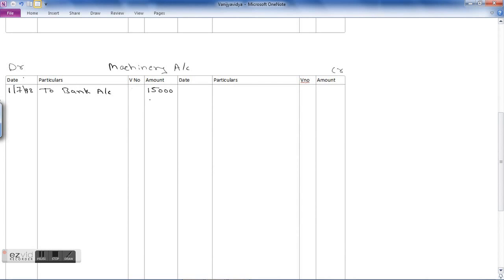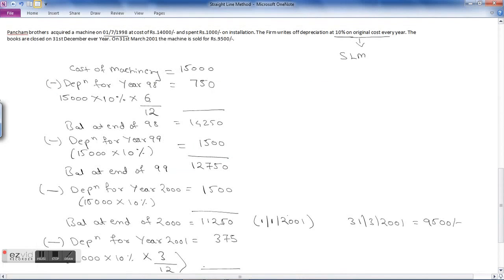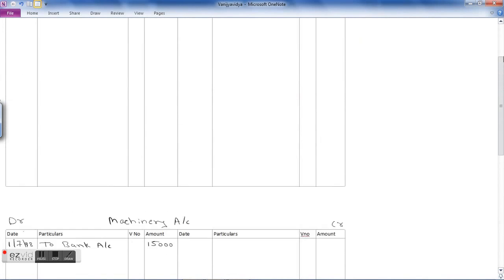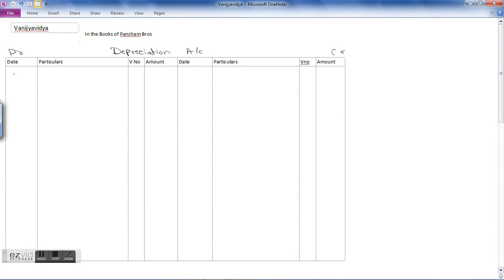Now let's pass an entry for depreciation. Depreciation for the year 1998 is 750. So on 31st December 1998 we will pass a depreciation entry, that is depreciation account debit to machinery account.